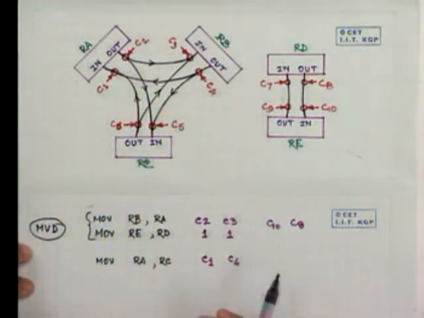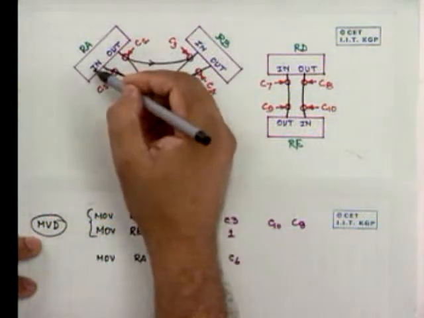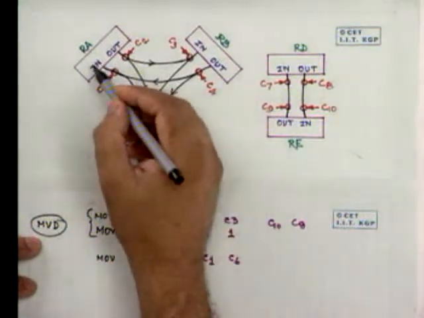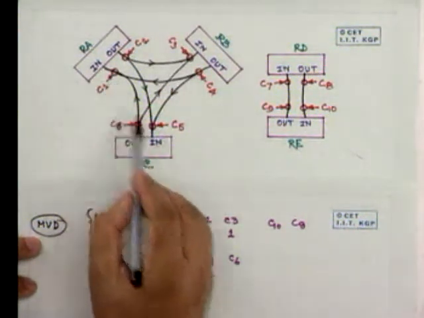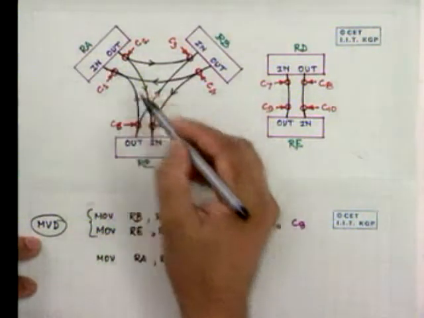Now the point to note here is that if we want to move information from one register to another register, we keep a data path from register to register, but depending upon where to where we want to transfer, we open some control gates. We also open these control gates in time sequences.